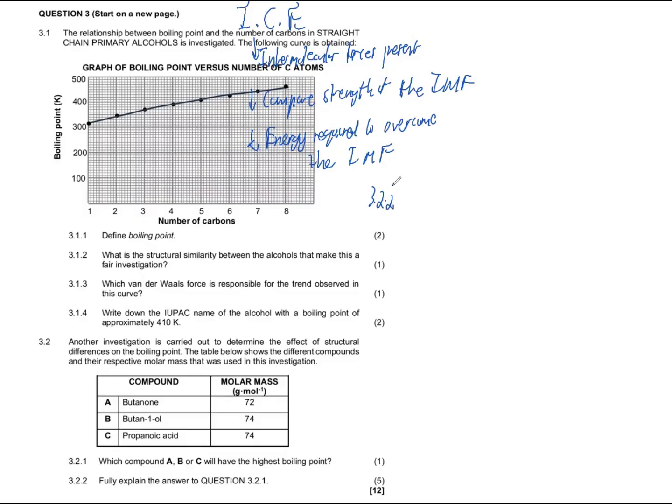For 3.2.2, following that structure, we are going to say compound A, which is butanone, has dipole-dipole forces.